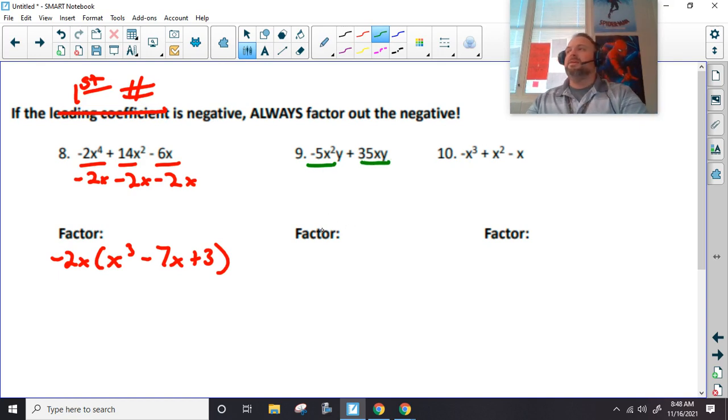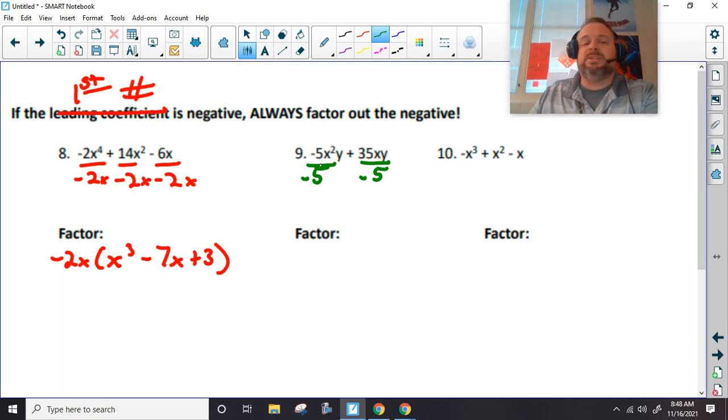All right. So what's the first thing we're going to factor out of these numbers for number 9? We're going to make sure it's a negative, so I'm going to put that down. What's the biggest number that will divide 5 and 35? Now we have two different variables. Does that mean anything special?